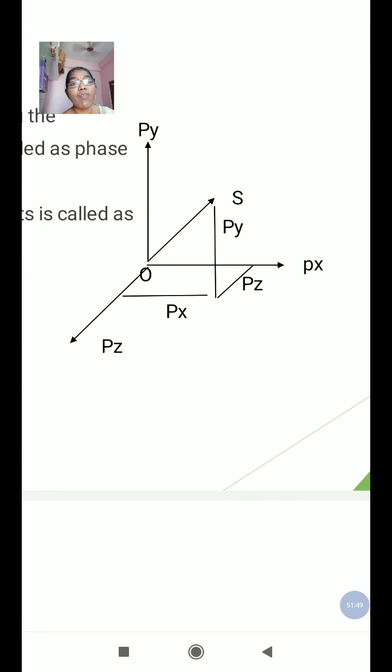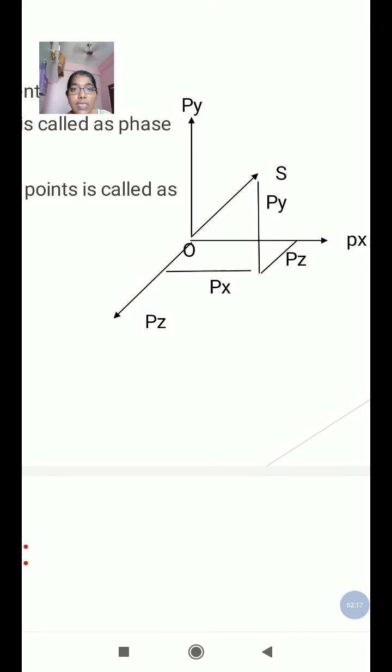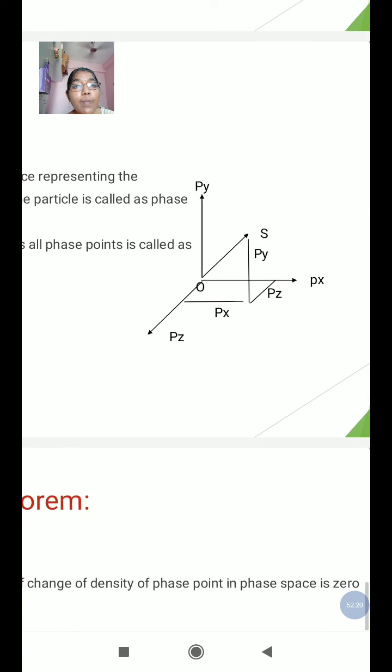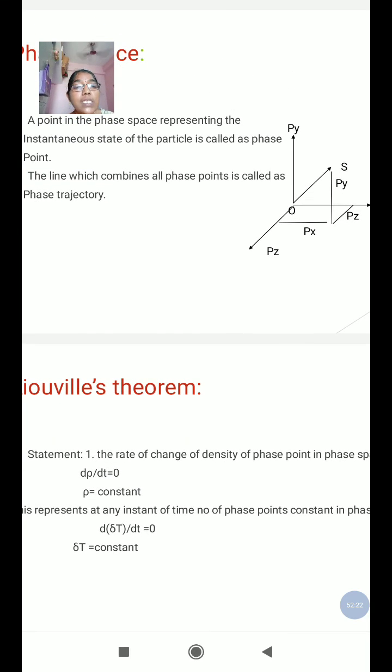At any instant of time the density of phase points remains constant.